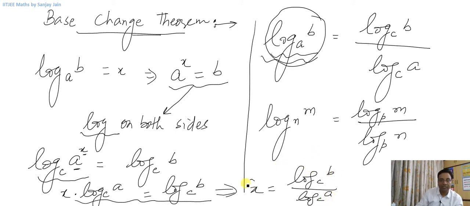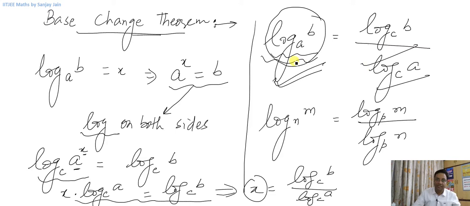Alright, and what was x? X was our original expression, which is equal to this expression here. So I have changed the base and I've shown you the proof also, right? It is more of an observation than a proof. Okay, so there are various usages of this base change theorem.